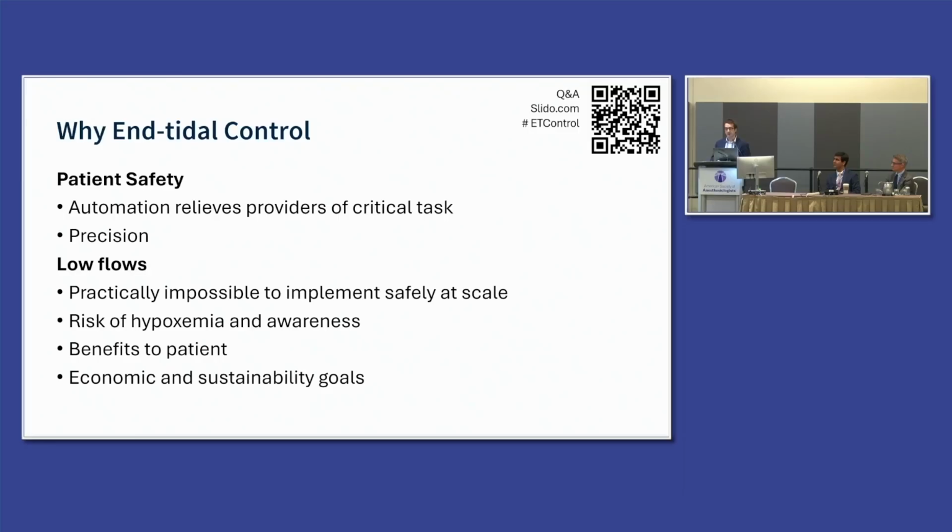But if you are overloaded in the OR, as often happens, especially we see when we're training junior residents, there's a lot of things to think about. And this is one critical task that automates. And it automates it in a way that's more precise than a human can do, checking multiple times a second that you're reaching the target.